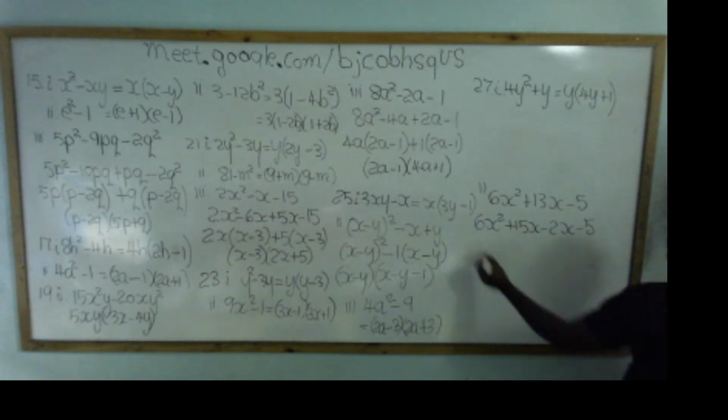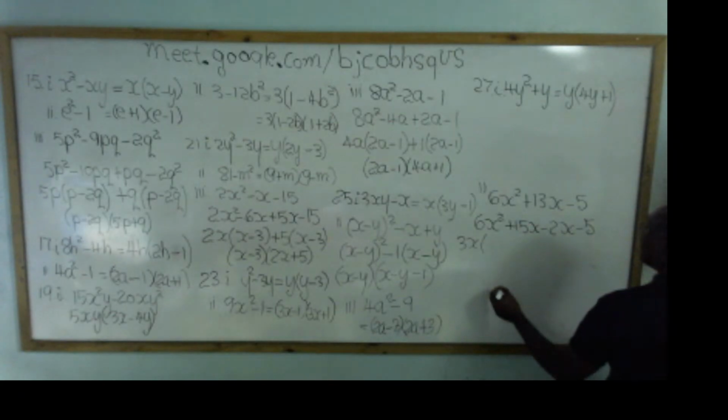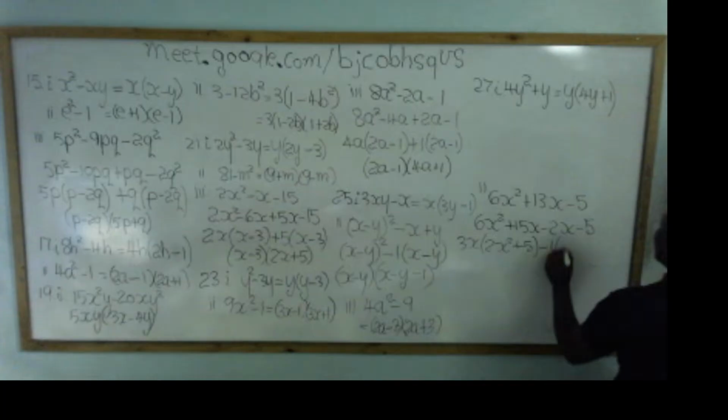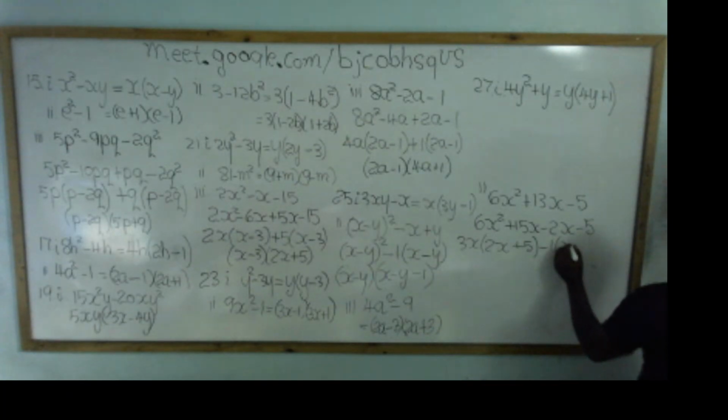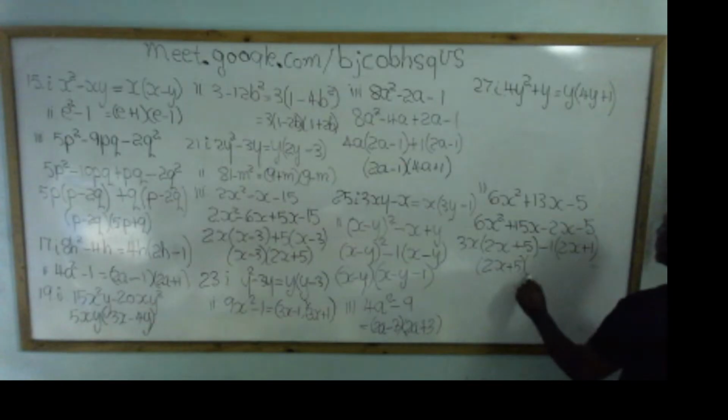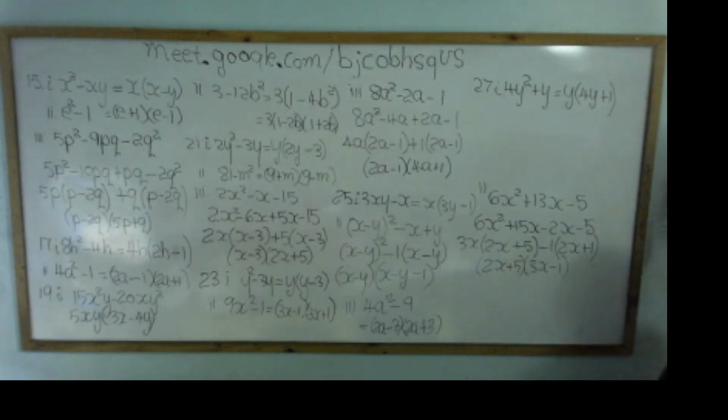Then 3x is common. 2x plus 5, minus 1, 2x, sorry, no square there, 2x plus 1. So we'll have 2x plus 5, 3x minus 1.